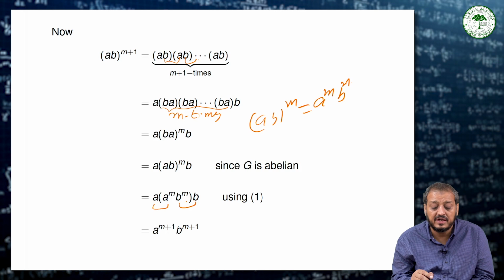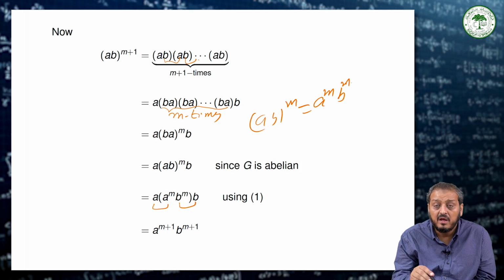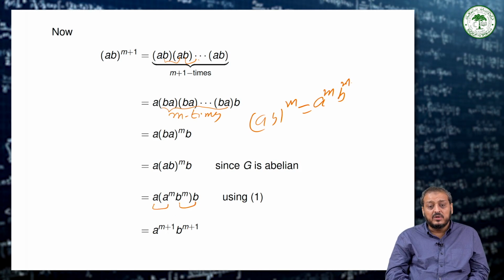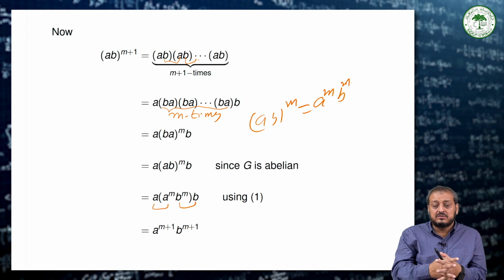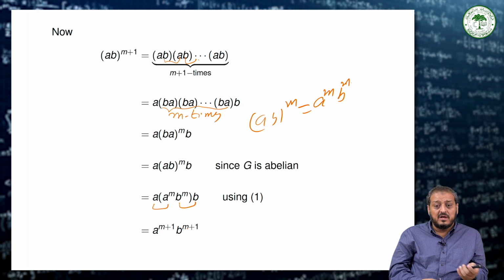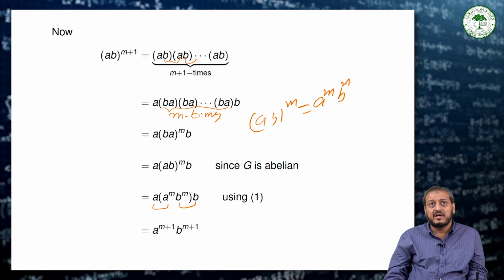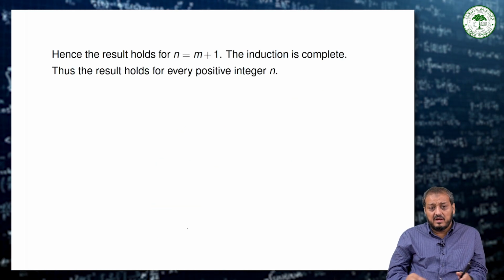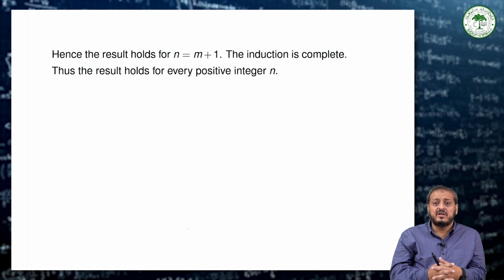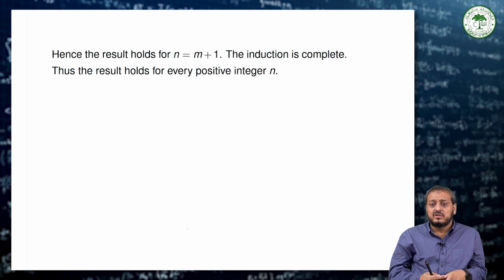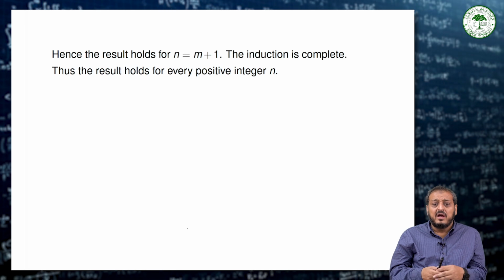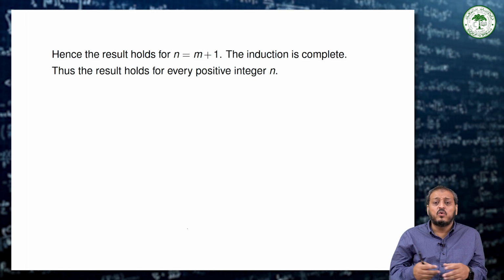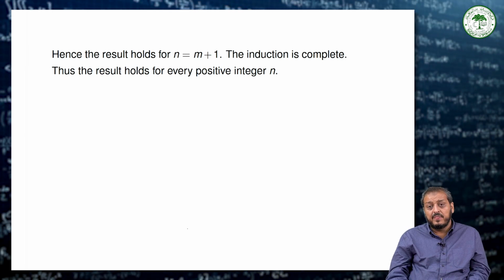So we just write this as A^(m+1) and B^(m+1). So the result holds for n = m + 1. So the induction is completed, and we can say that the result holds for every positive integer.